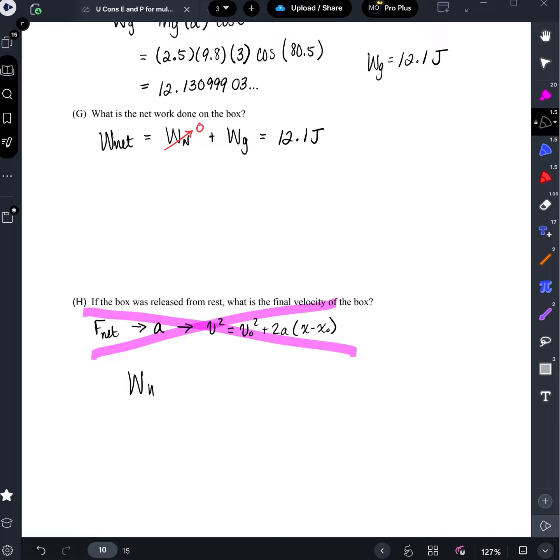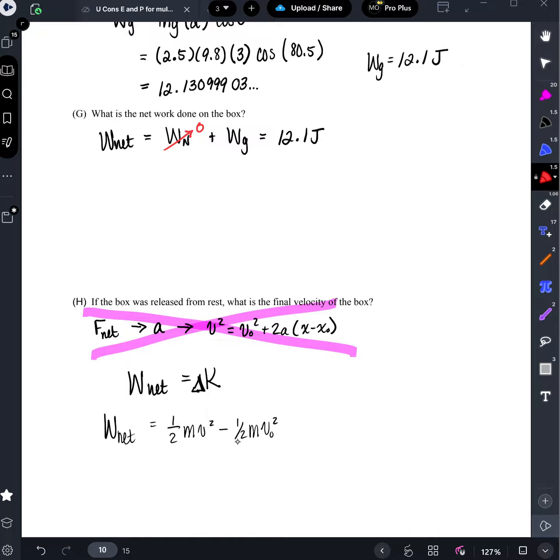So this is where the work-kinetic energy equation is your best friend, that the net work is equal to the change in kinetic energy, meaning the work net we just found is going to equal 1/2 m v final squared minus 1/2 m v initial squared.